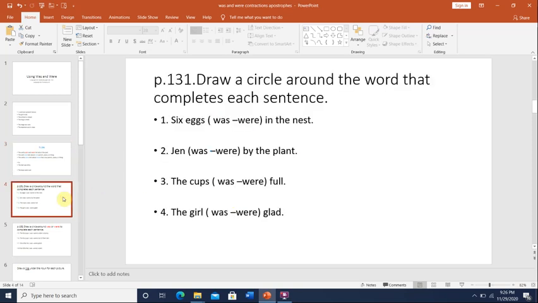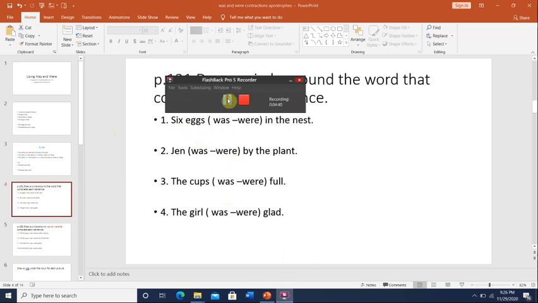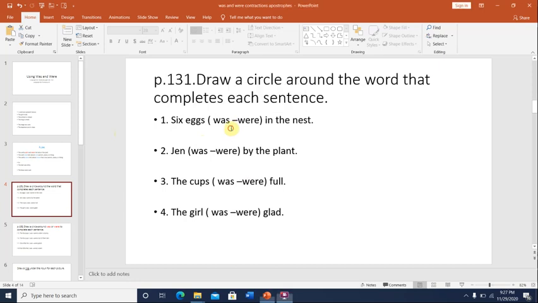Let's see if you guys understand. I want you to get your textbook and open to page 138 and let's try to answer together. Number 1, 6 eggs were in the nest.